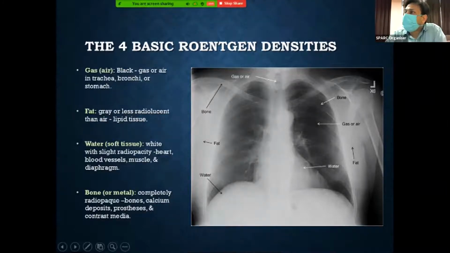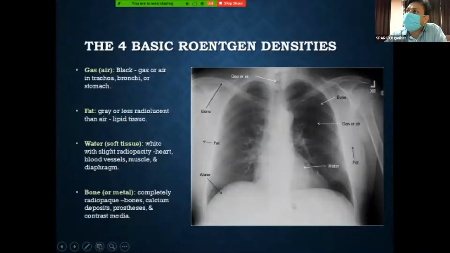Whereas if we see the bone or the metal, these structures are very dense. They stop or absorb the X-rays, and a whitish shadow is produced where these structures are, like the bones. We can see the bones, especially the cortical bones. Now some of the organs like heart and liver are of water density.